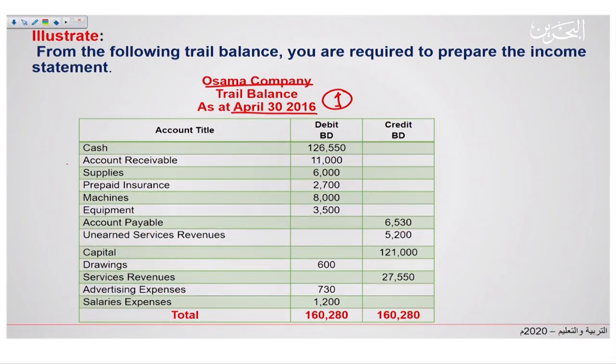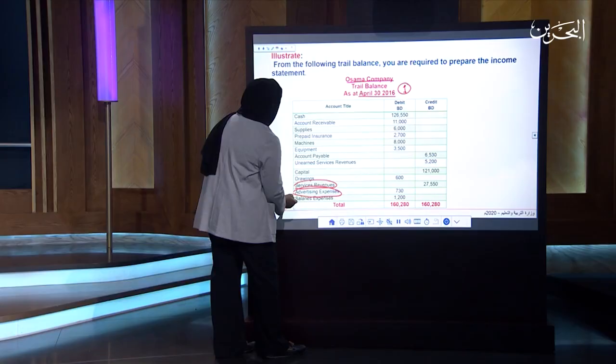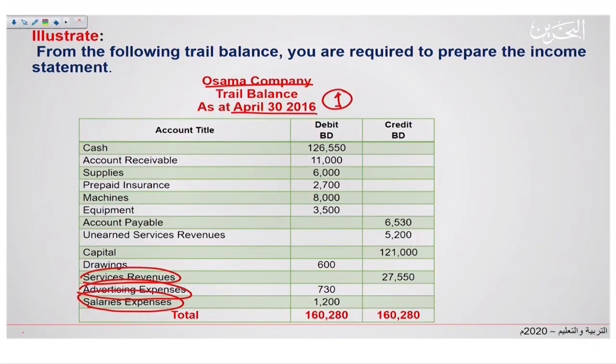So we don't need all these elements. We are going to focus only on revenues or expenses. So we will go directly to the service revenue, advertising expense, and the salaries expense. This one is a revenue, and these two are expenses.